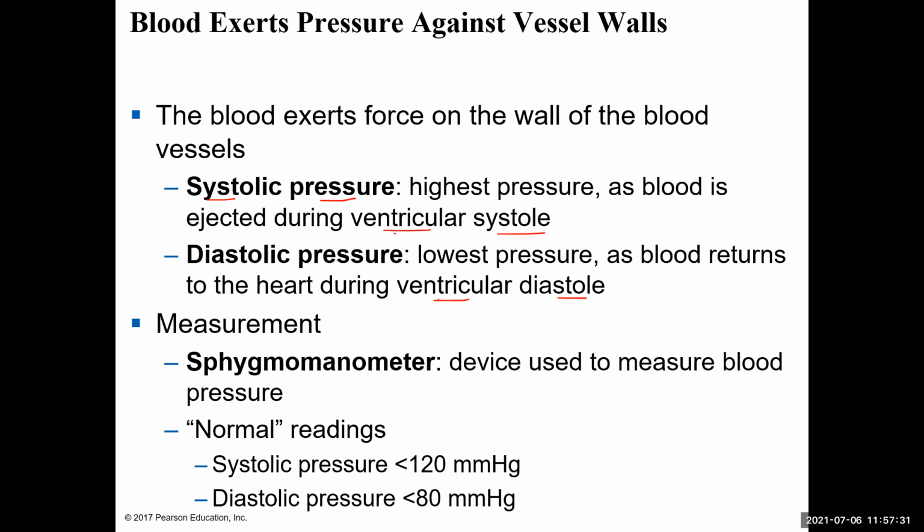So a normal blood pressure is typically 120/80, and that's millimeters of mercury. And so 120 is the systolic, so it's the pressure during the contraction, and the diastolic is the pressure during the relaxation. So a normal blood pressure is 120/80.